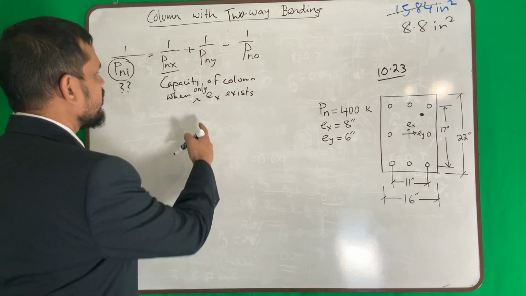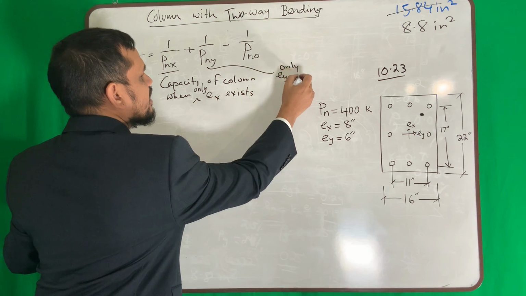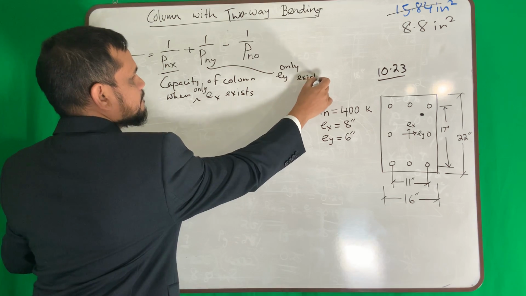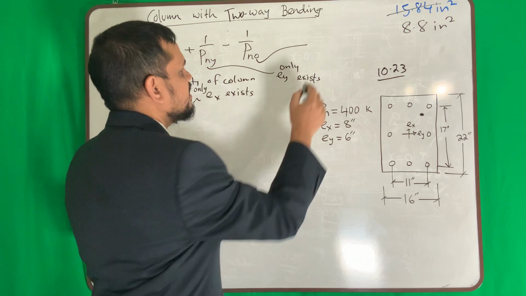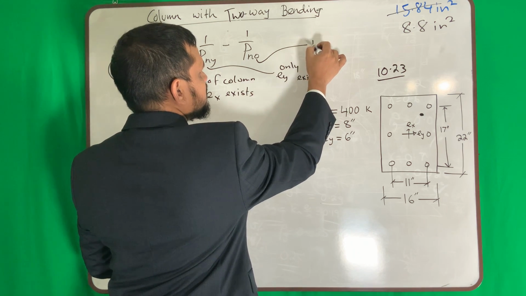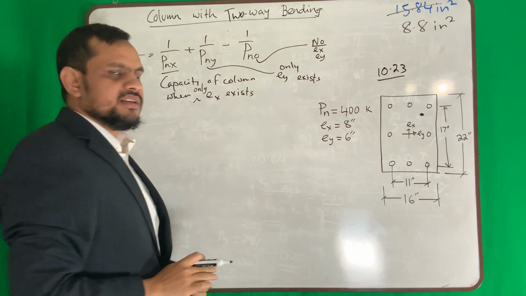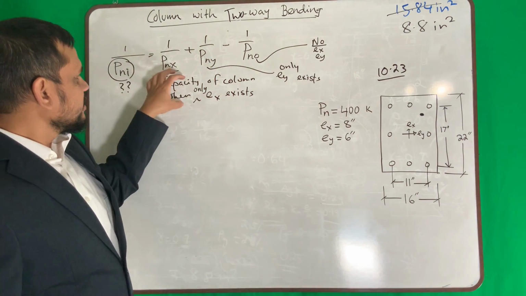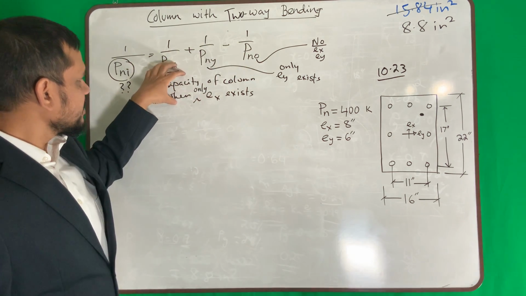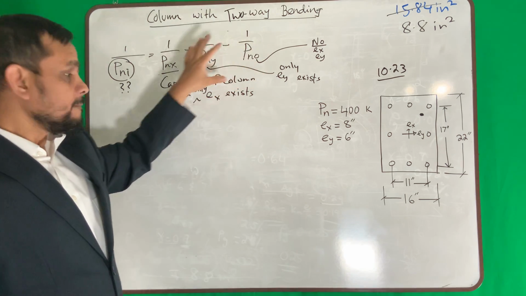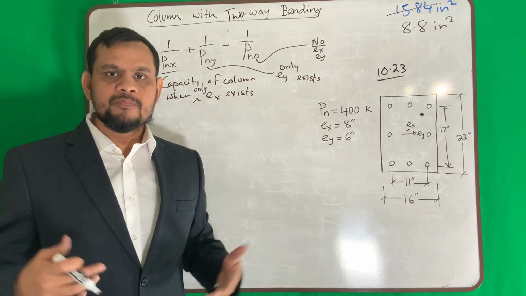Capacity of my column when only EY exists. What is this? Capacity of my column when there is no EX, no EY. So we need to calculate these values and compare with this value. That is our goal.